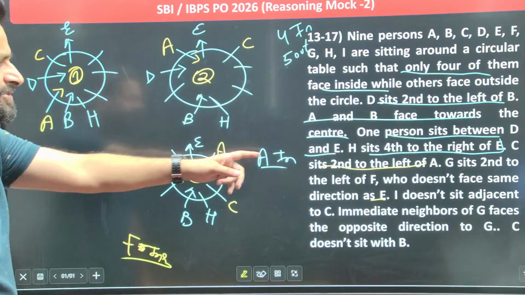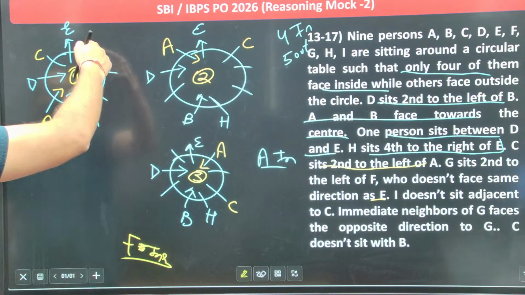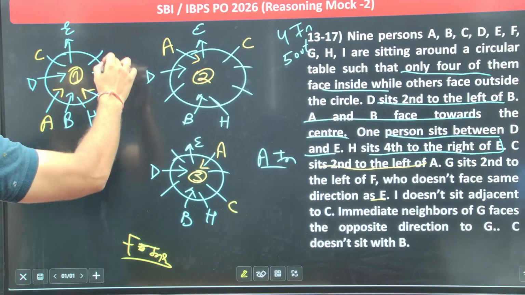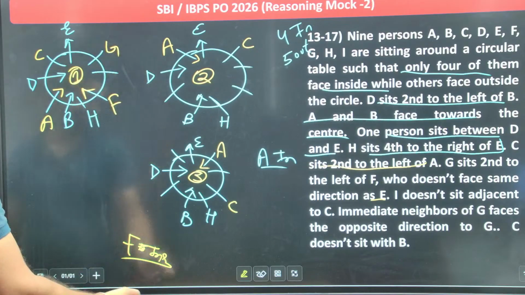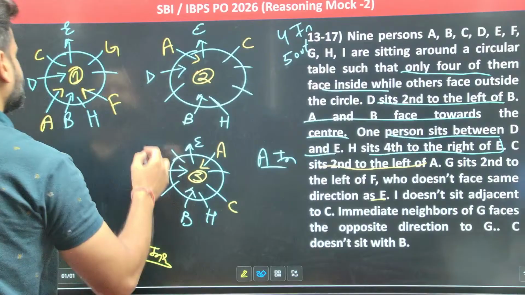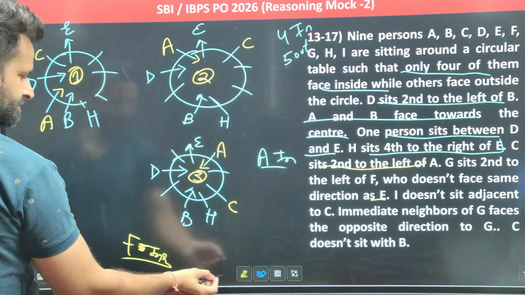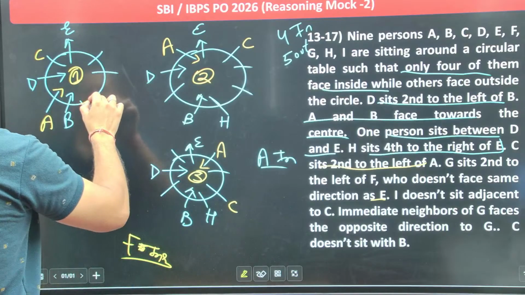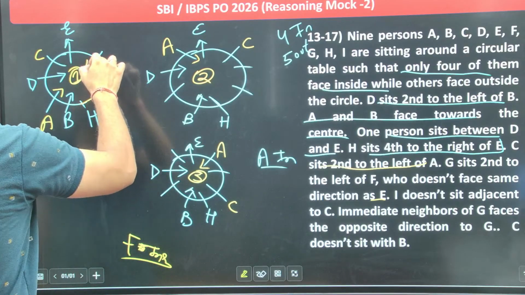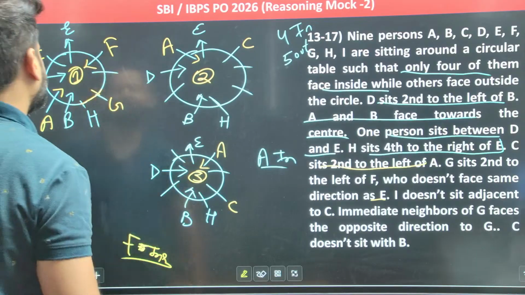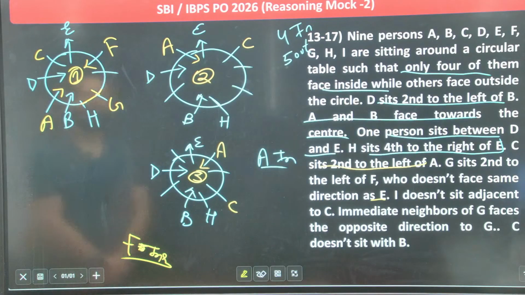This has to be F and G is second. Sorry, I have drawn just the opposite. This is F and this will be G. G is second left of F, F facing inside.